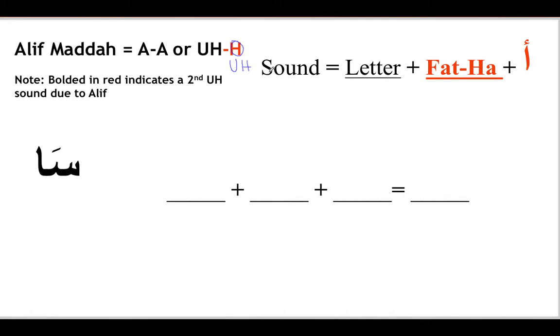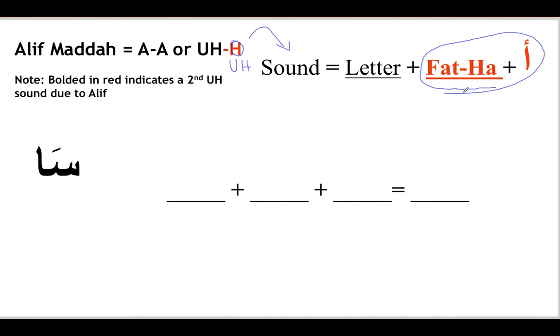So the basic sound, if you look at our equation to the right over here, in order to make the alif madda sound, you need the sound of the letter plus the fatha sound plus the sound of the letter alif. These two components are bolded in red, and they are the most important of the equation because they contribute to making this double A sound or double uh sound.